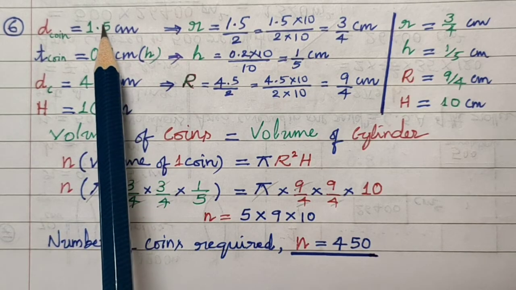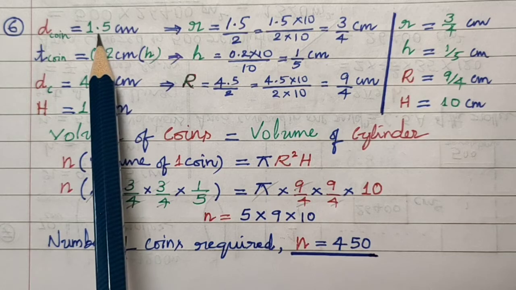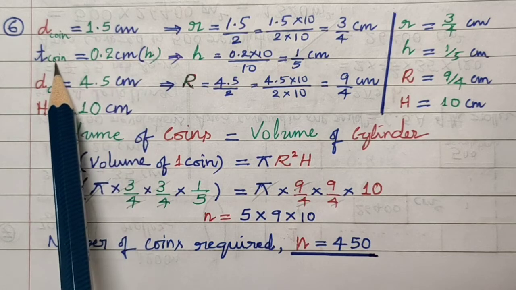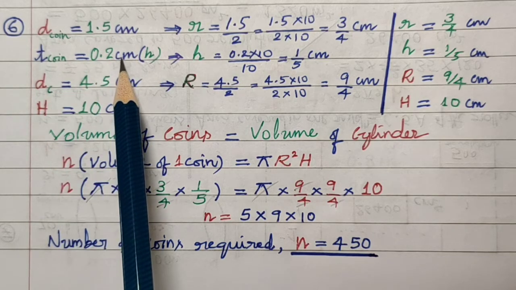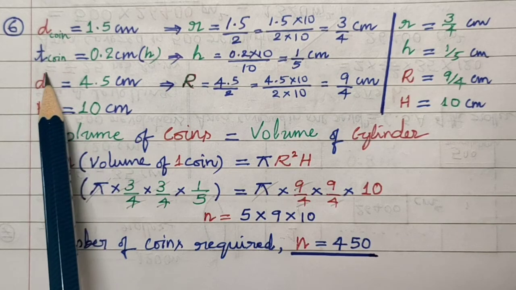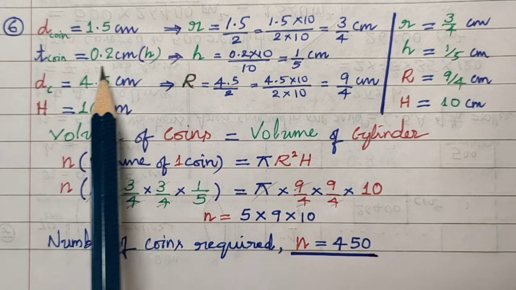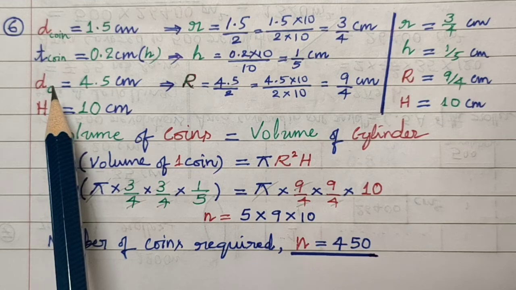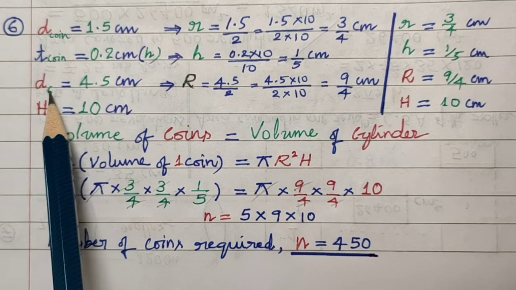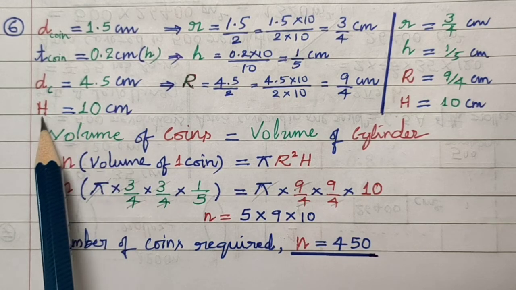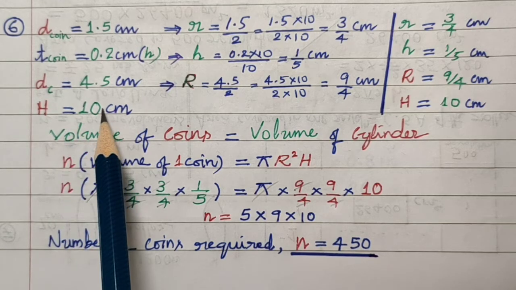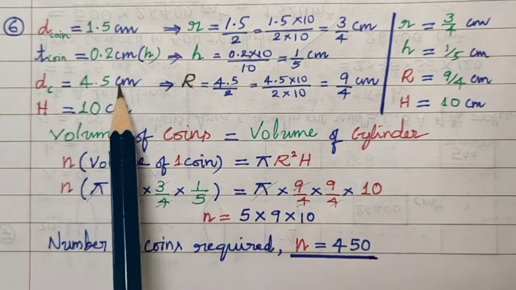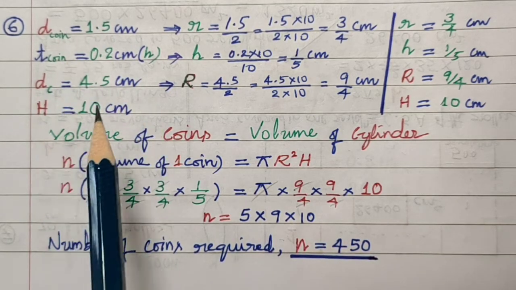By using these coins, we need to form a right circular cylinder of diameter 4.5 centimeters, h equal to 10 centimeters. We need to find how many coins are required to form this cylinder.